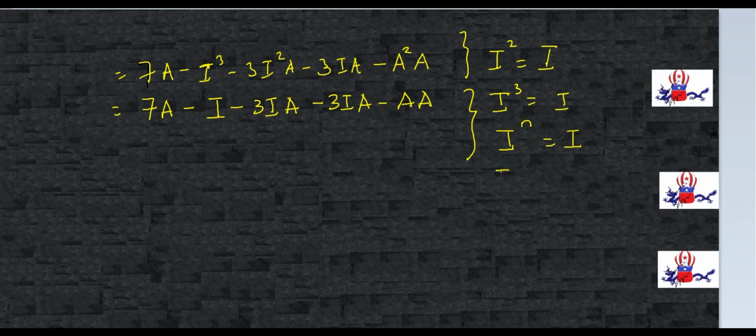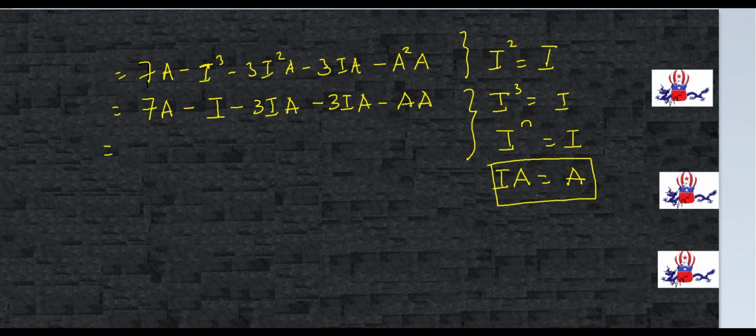Now, you have to understand another important result. Whenever you multiply a matrix with the identity matrix, the outcome will always be the matrix that you are multiplying with the identity matrix.